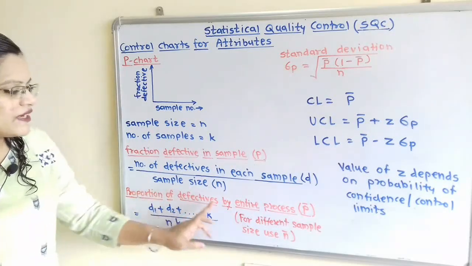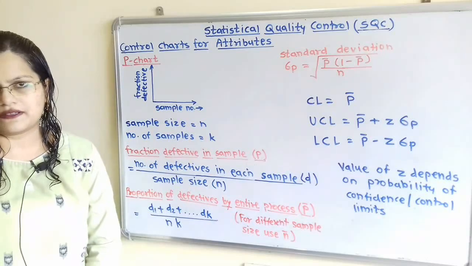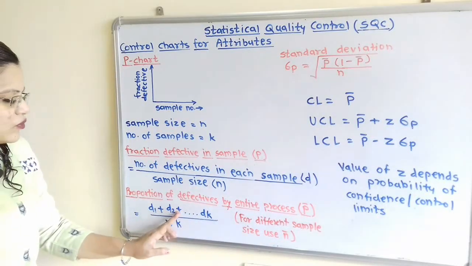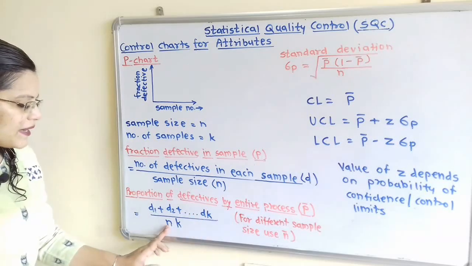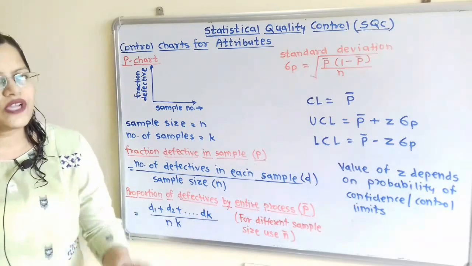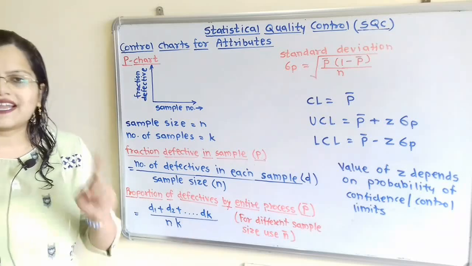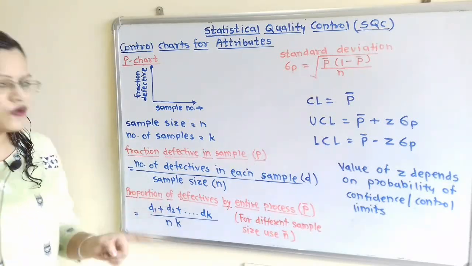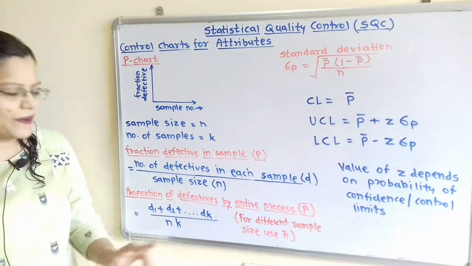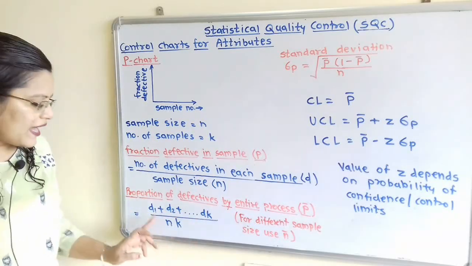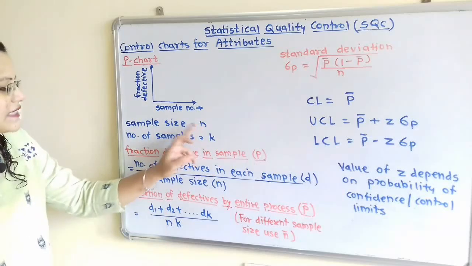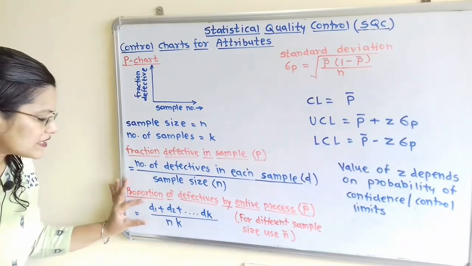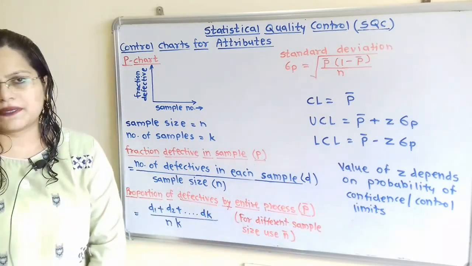The notation is P bar and the formula is D1 plus D2 plus up to Dk divided by n into k. D1 is the number of defectives in sample 1, D2 the number of defectives in sample 2 and so on, n is the sample size, and k is the number of samples. By using this formula we can calculate P bar.